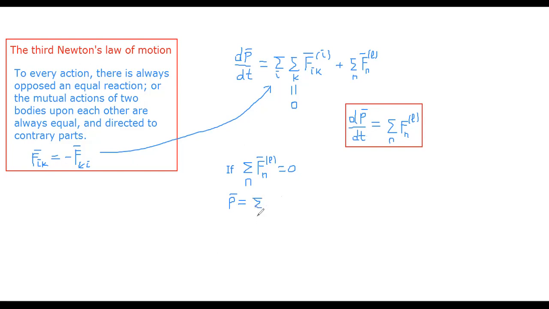The sum of momentums of material points, which is equal to the sum of m_i v_i, is equal to constant.